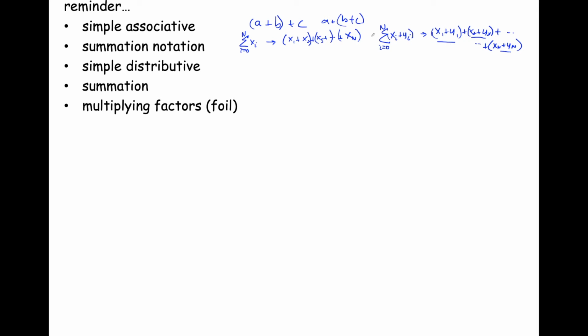Now, the associative rule allows us to group these differently. Instead, we can say x1 plus x2 plus xn, and then take that and add that to y1 plus y2 plus yn.